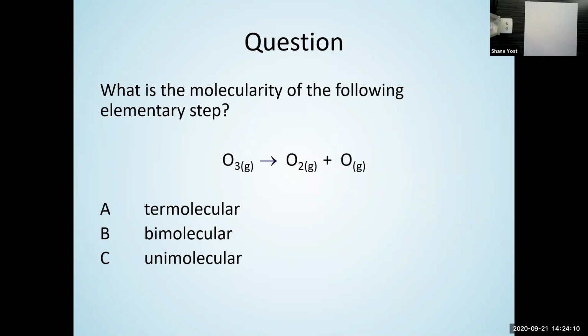Anyone take a guess as to whether it's A, B, or C here? C. Okay, so a couple of C's.